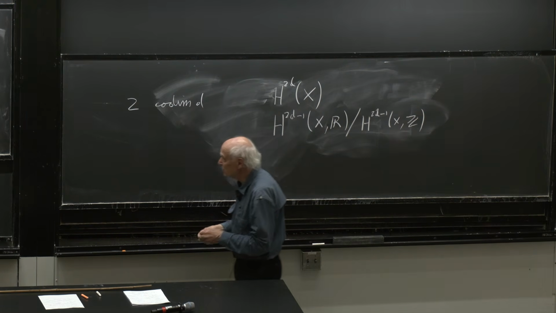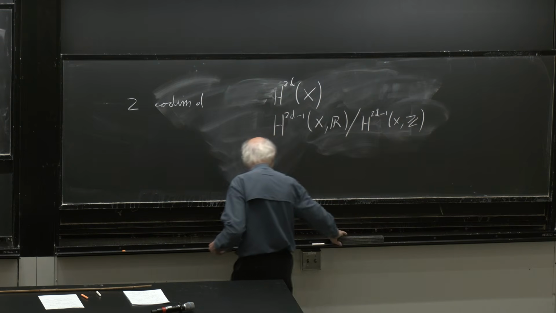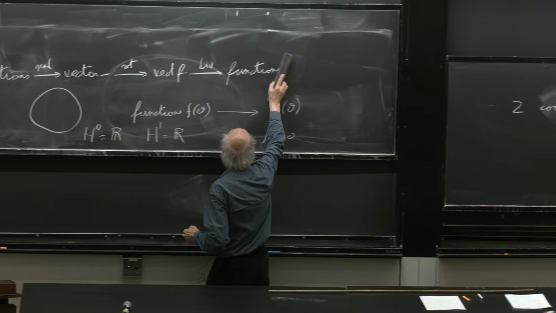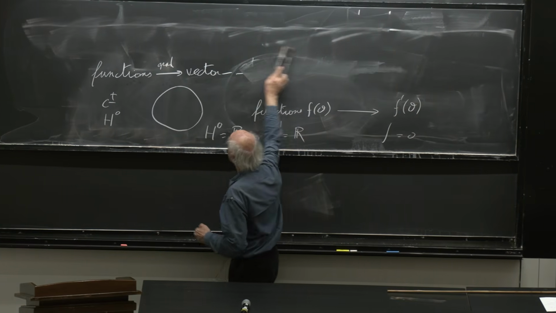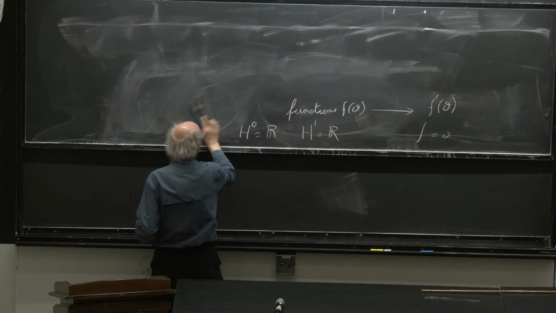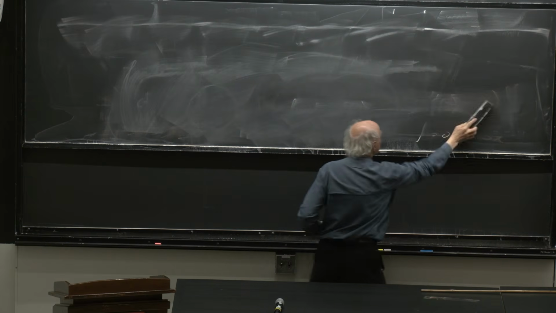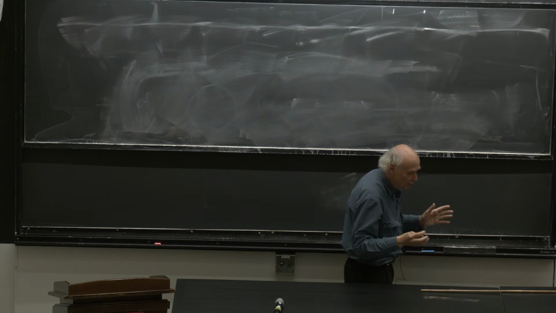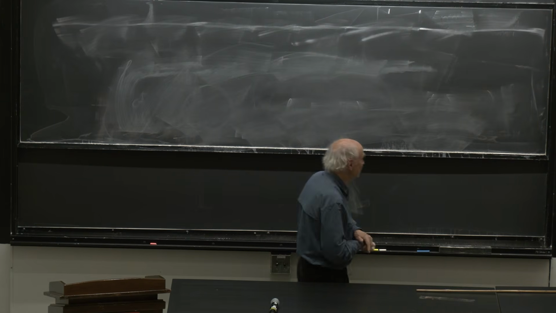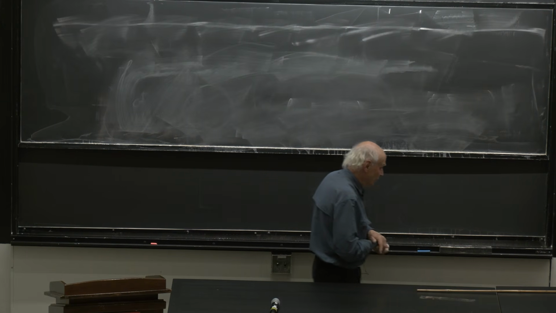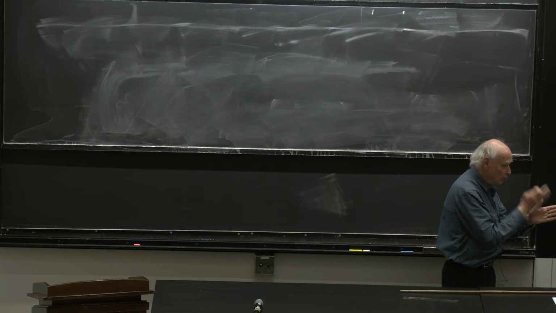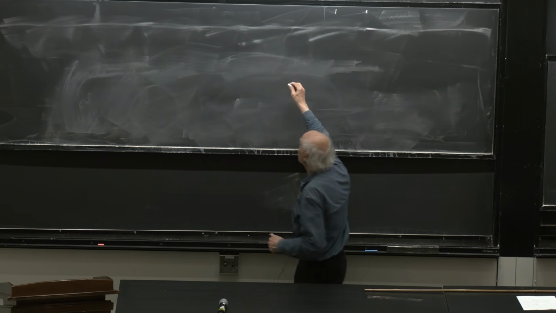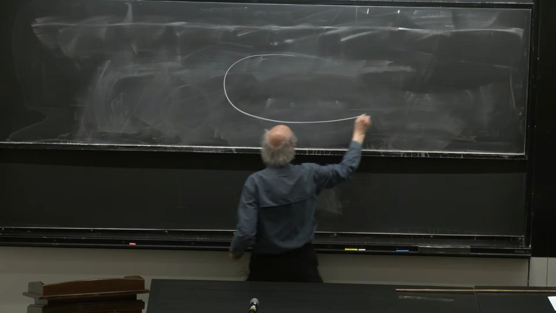Now, why does it matter? A basic method for trying to understand algebraic varieties is to cut them in slices like a salami. So you have some algebraic variety.